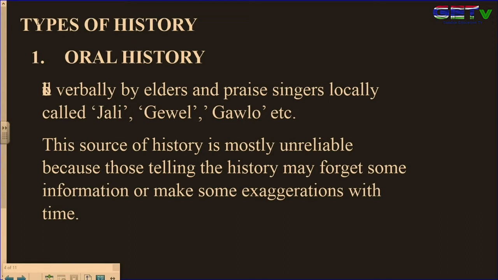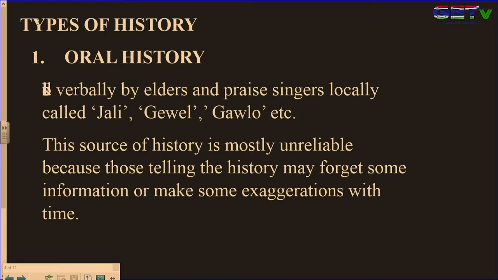I repeat, the number one type of history is oral history. This is also referred to as oral tradition. What is oral tradition? This is the narration of history verbally by elders and praise singers.